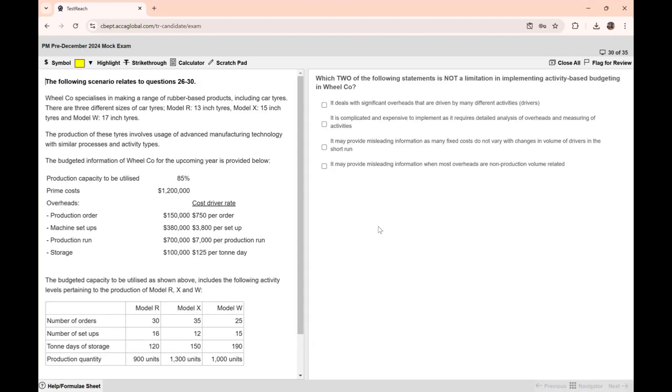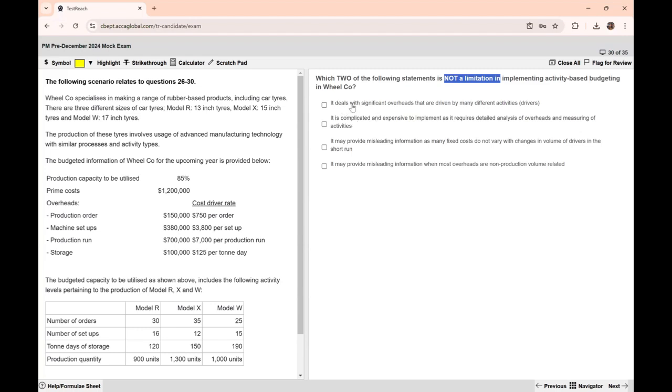Moving on. The last question. Which two of the following statements is not a limitation? So, this is the trick which they follow in exam also. It is not a limitation. So, be very careful, in implementing activity based budgeting in Wheel Company.